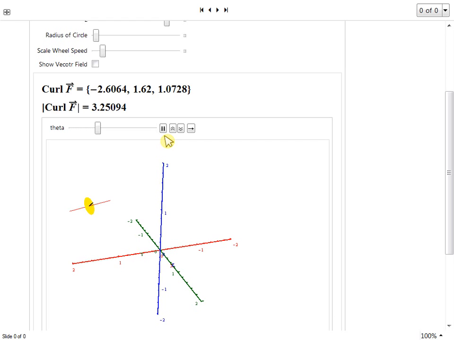Now, the way I've written this code is that time is the same for every point in this three-dimensional space. So if I move this point in three-dimensional space, I might have a different curl. So right now, what's my curl? This right here is a vector, right? And the magnitude of that vector is 3.2. Y'all with me? I'm going to move the point now, and let's see what happens.